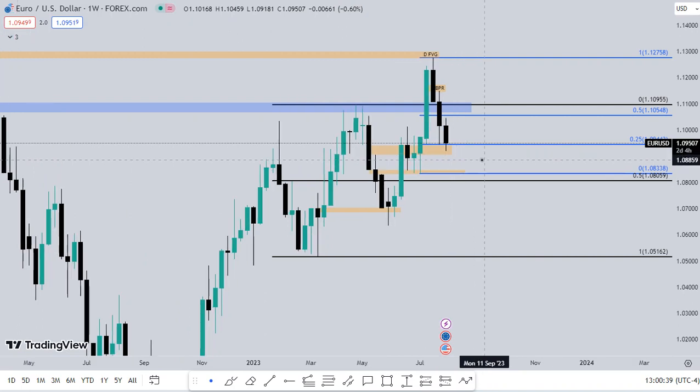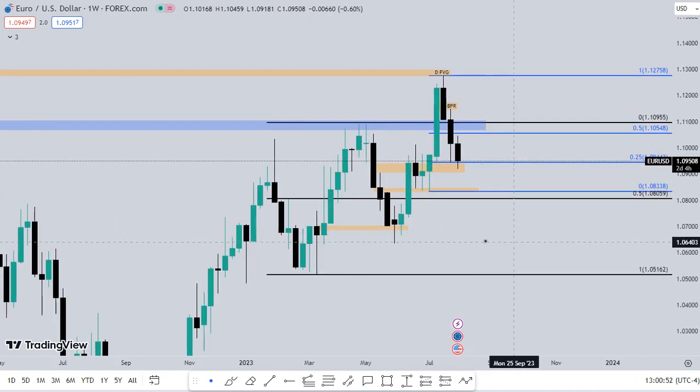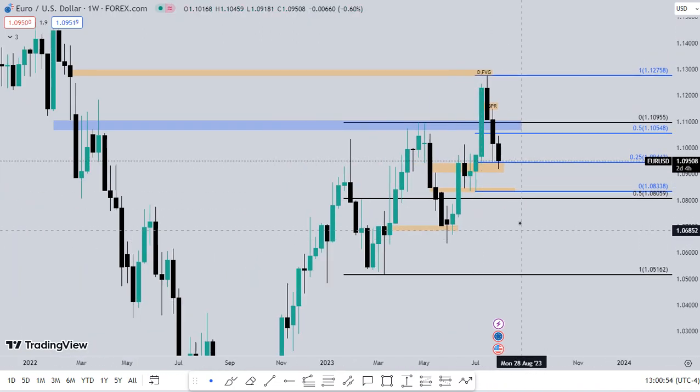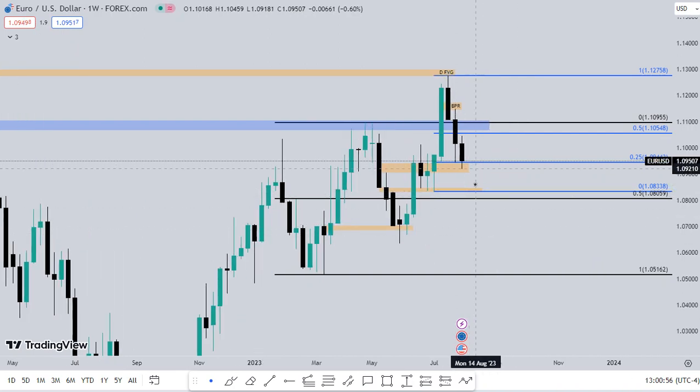But if NFP is positive for US dollar, we might see expansion towards lower prices, which is this monthly low and this level, so price might go lower. So we will see what the NFP result is and will act accordingly. But I think this can act as a level of support and cause the price to go higher, maybe even in the next week, and fill this weekly fair value gap.